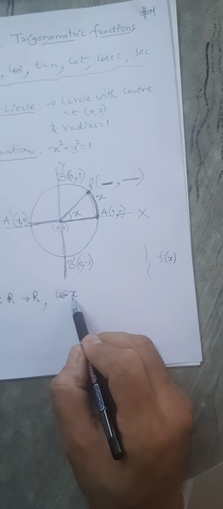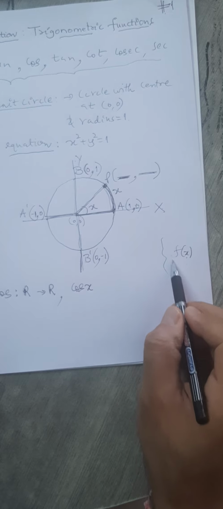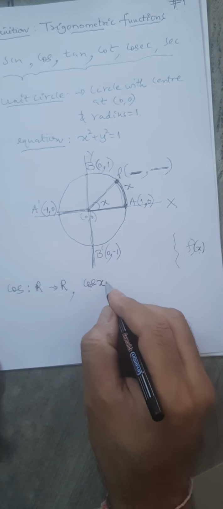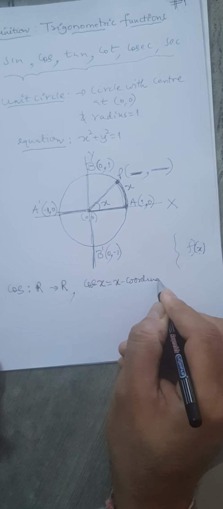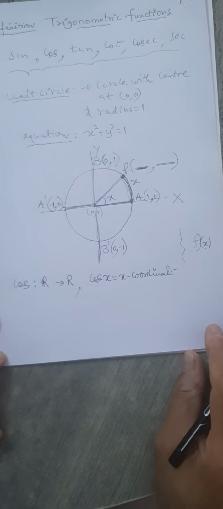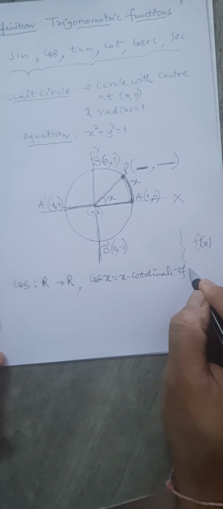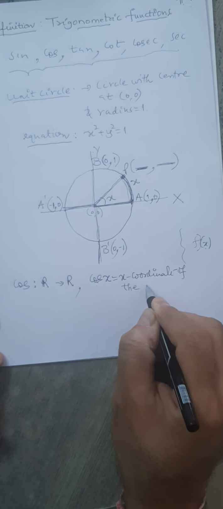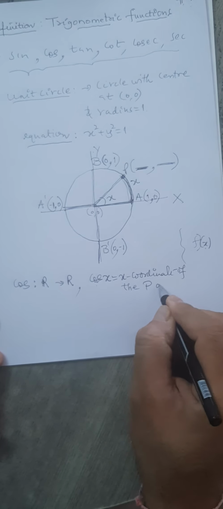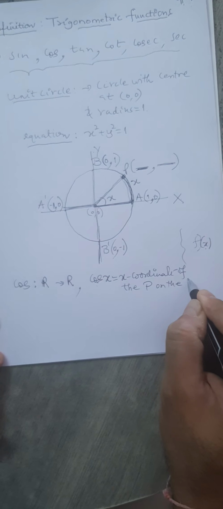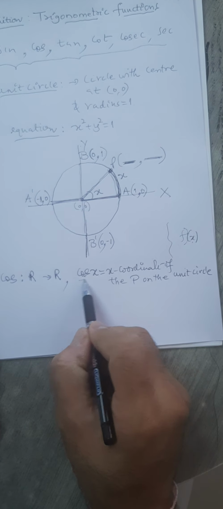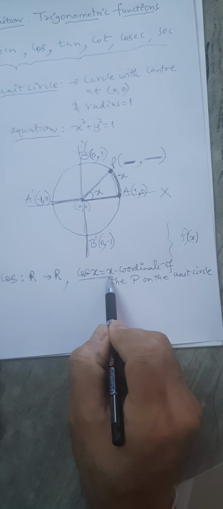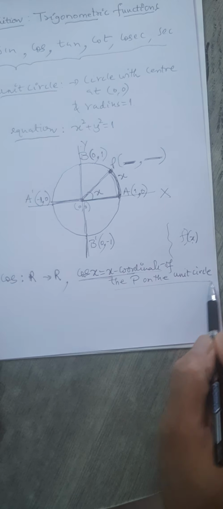So here x is this x, and instead of f, you have cos, equals to x coordinate of the point P on the unit circle, as shown in the diagram. So what is cos? That's the x coordinate of the point on the unit circle.